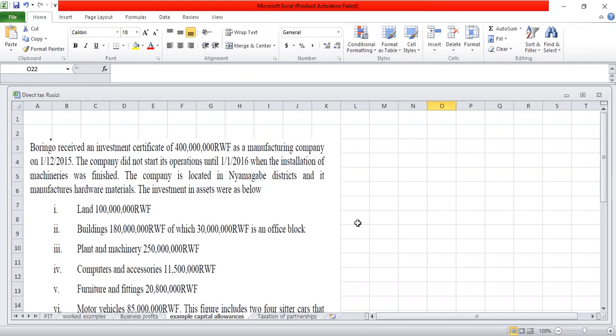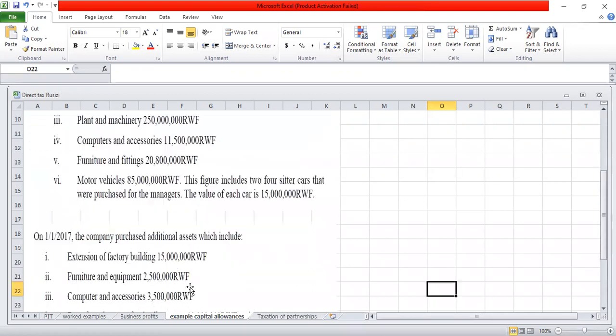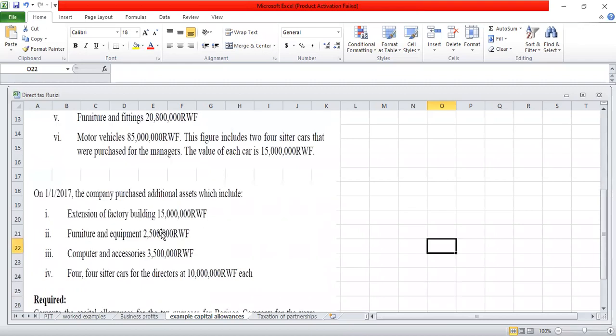So we have this investment in 2016. Then in 2017 we have other assets.